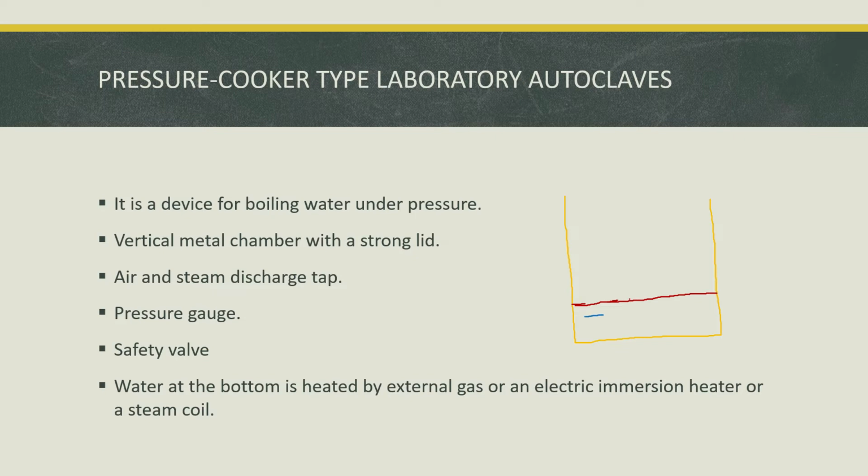These are the water and a heating component or heating element is there at the bottom to heat the water. This is the pressurized vessel, and over here we find the lid of the autoclave machine.